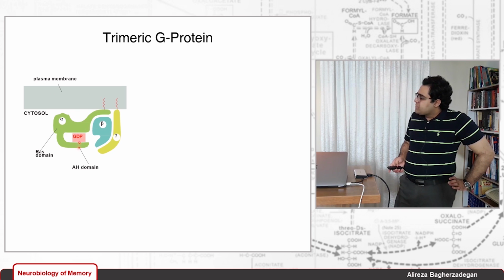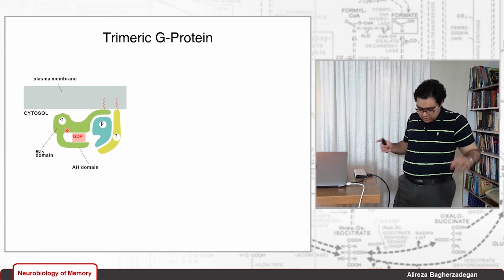Right now GDP is bound, so the alpha subunit is inactive. But when the GTP binds, the alpha subunit becomes active.